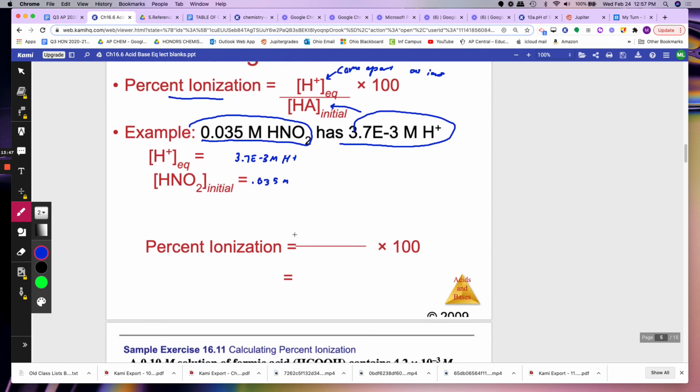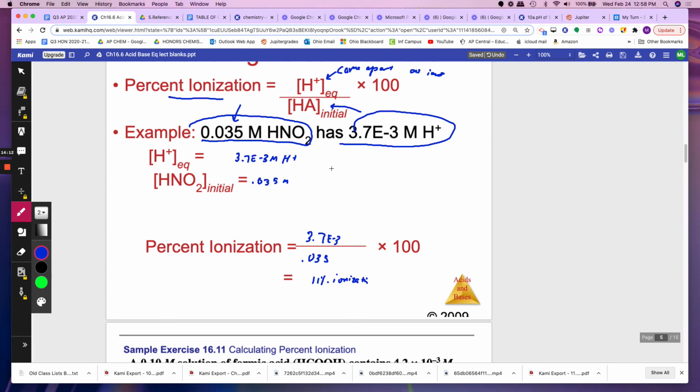The percent ionization would be 3.7 E negative 3 divided by 0.035 times 100, about 11% ionization. So what that means is 11% of this number will break apart into H plus and NO2 minus.